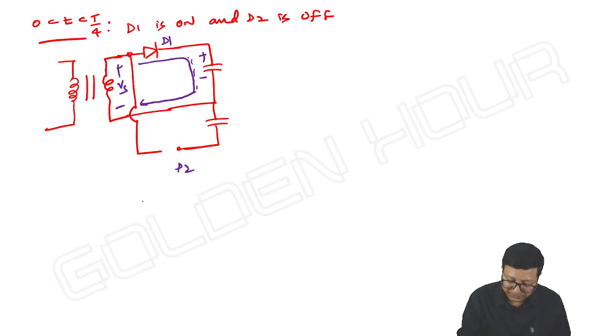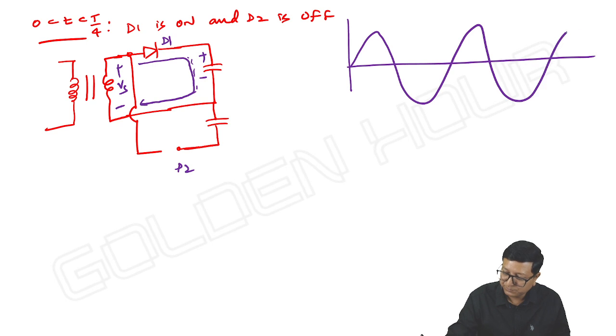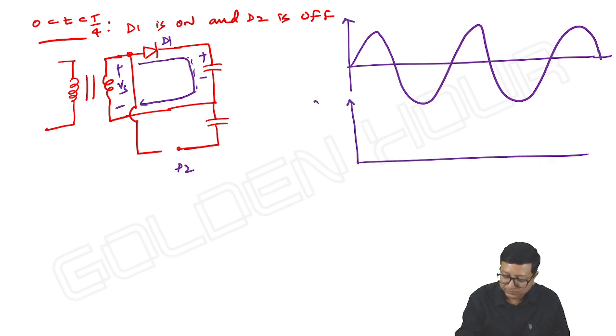Okay, so if I take the waveforms, VC1 I am writing, it will charge up to the peak amplitude of the input.